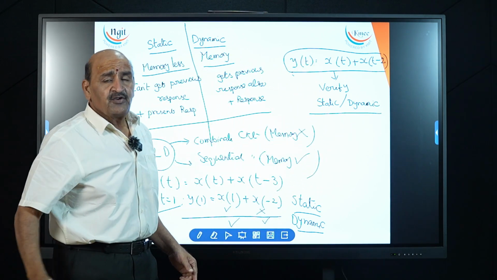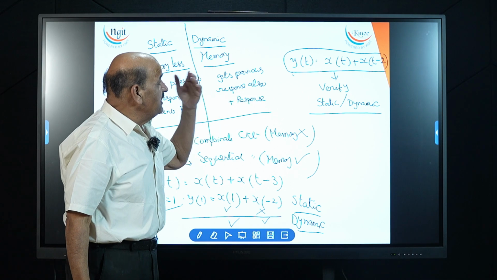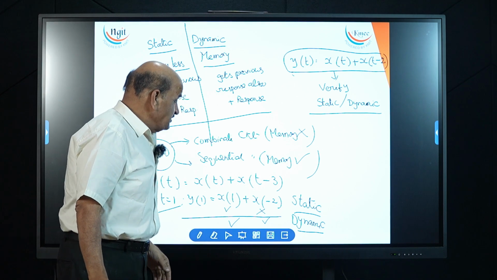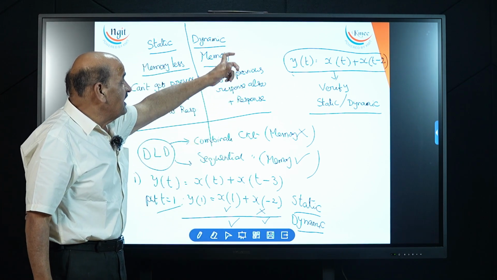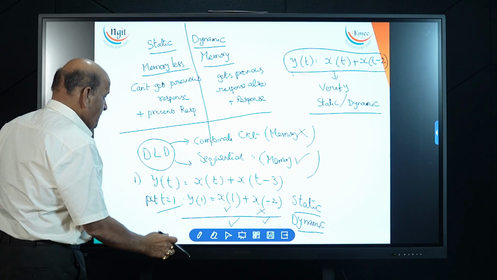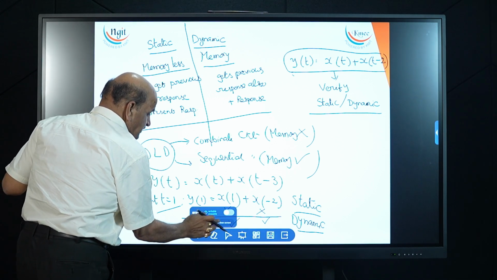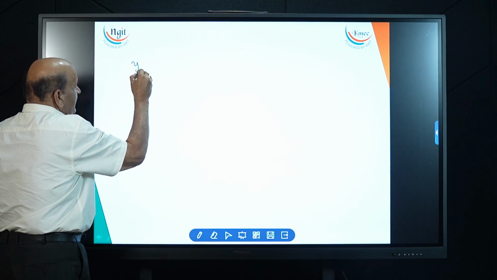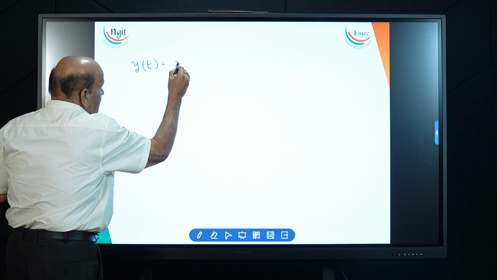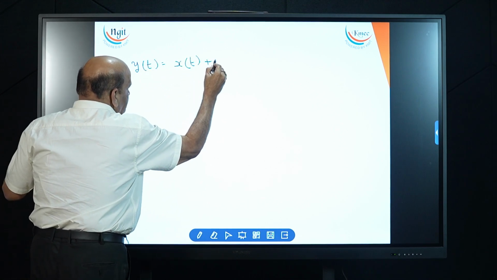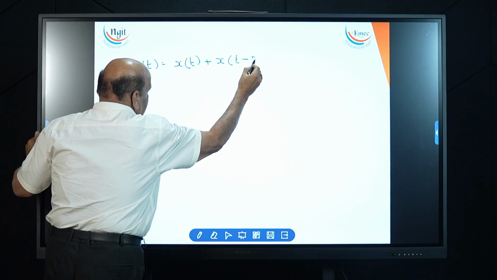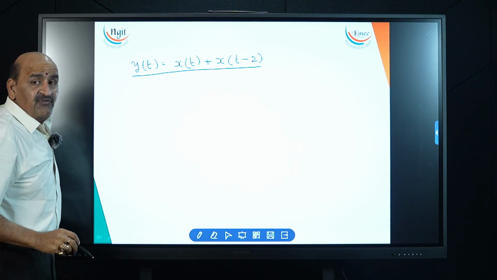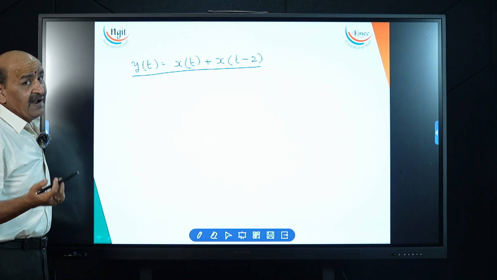This is the question they will ask for short answers, and it can be for 2 marks or 3 marks questions as well. They will ask like this: a mathematical equation will be given, for example x of t plus x of t minus 2. Verify or analyze whether this system is static or dynamic.